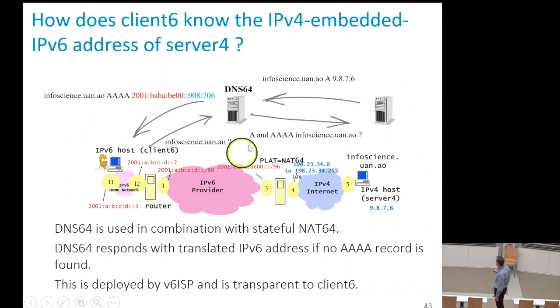So this DNS64 is specific to this provider and is coordinated with the fact that this provider sees the IPv4 internet with this block of addresses here. So this DNS server, when it sees this query, it is doing a recursive serving of the request.